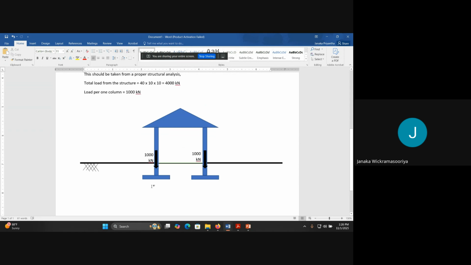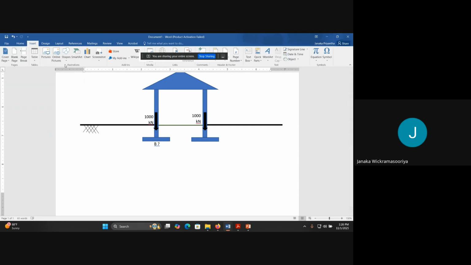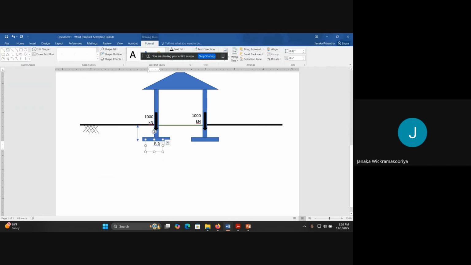Now we should design this B value. What we are going to find is what this B value will be, and we will take this value as how much?